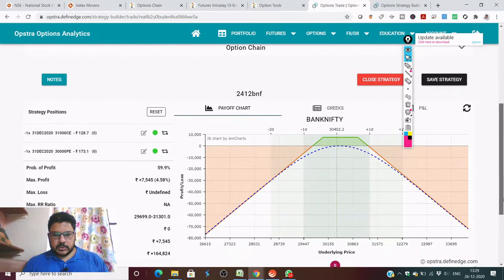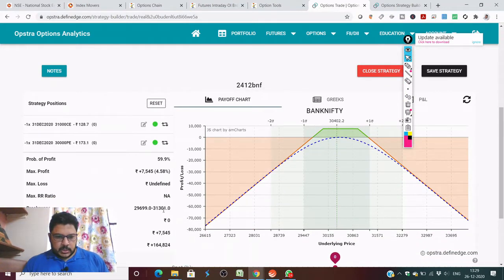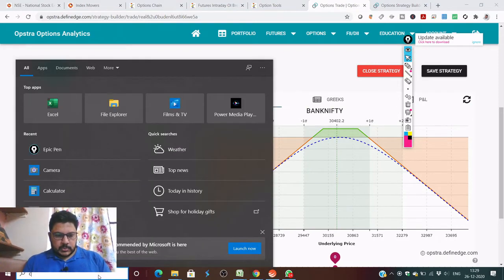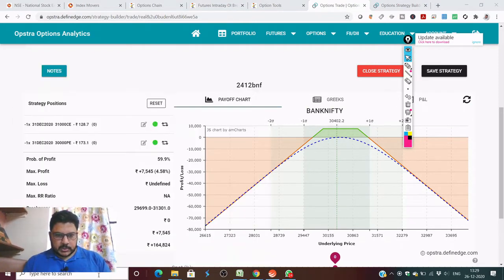So this is my position. It has about 300 plus 300, 600 point range. Now it's better to be precise.